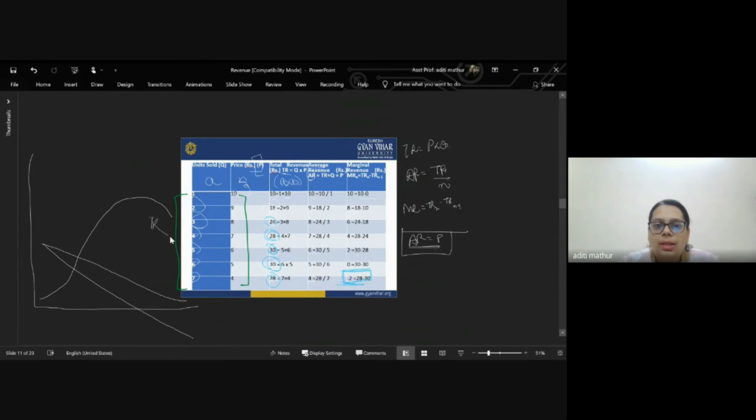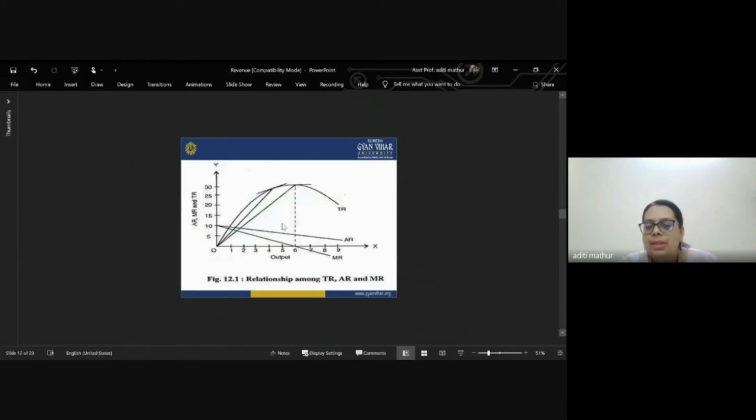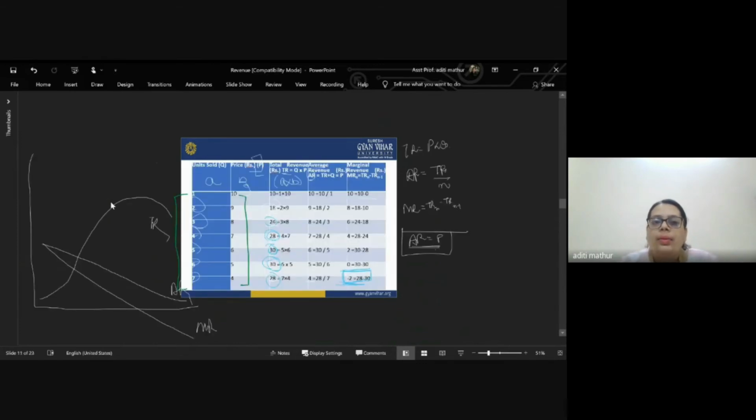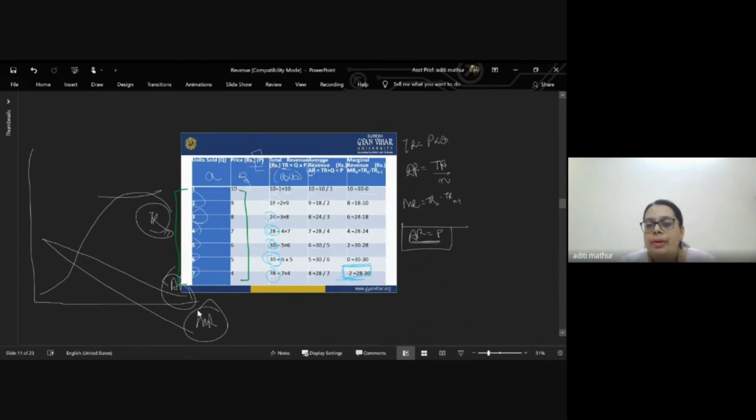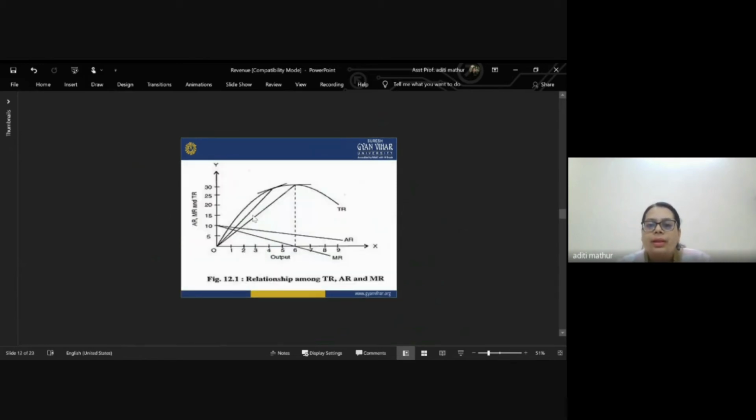So this is your TR, AR, and your MR. See? TR, AR, and MR. And now we will learn one by one the relationship between the TR, AR, and MR. And remember, we are right now learning about imperfect markets. So you can see the diagram. It is clearly drawn. Your x-axis represents the output, your y-axis represents the different revenues, that is average, marginal, and total, and we have drawn the curves.